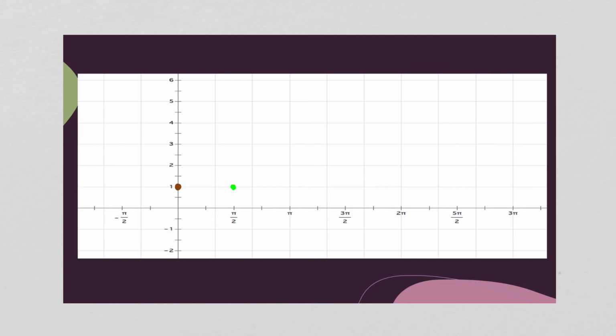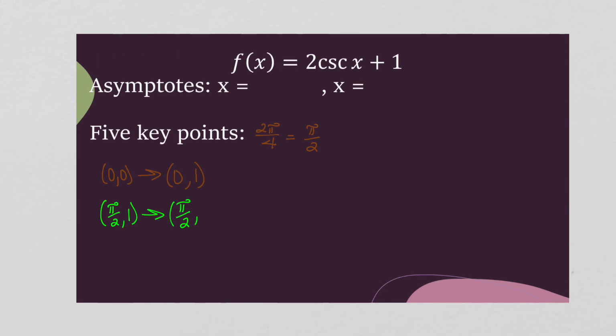However, our amplitude is 2, so we've got to go up to 2. And also, our vertical shift is up 1. You could also think of that as from our midline, we had to go up 2, right? So it's pi over 2, 3.